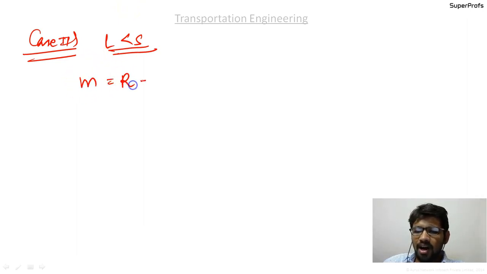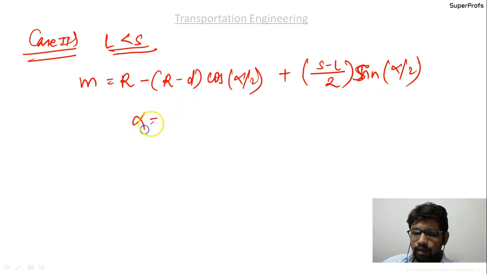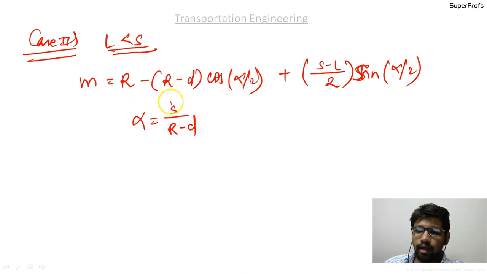Therefore m equals r minus d cos of alpha by 2, that is our original formula, plus s minus L by 2 sine of alpha by 2, where alpha equals L upon r minus t, the radius.